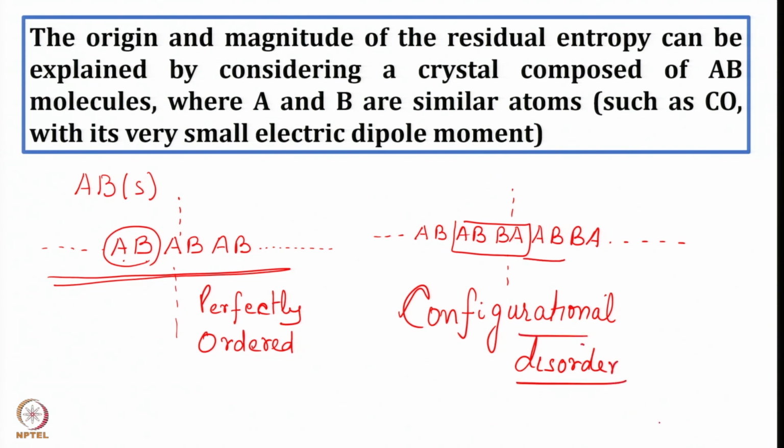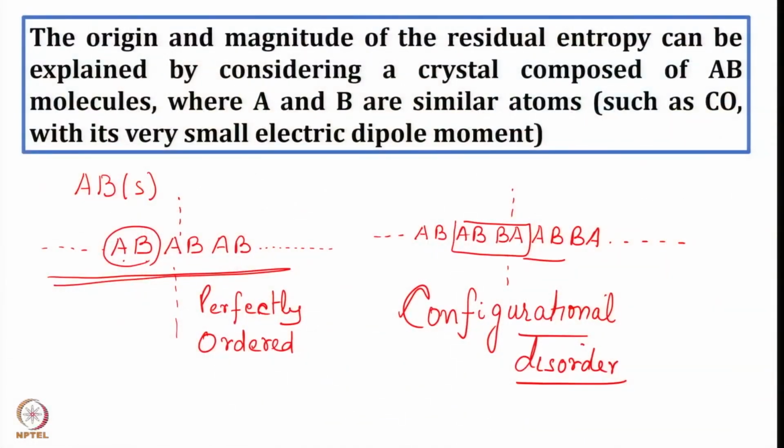Why this configurational disorder arises is that AB has negligible dipole moment. That means whether in the crystal you have AB, AB, AB, AB, AB kind of arrangement, or you have AB, AB, AB, AB, and one or two molecules or several molecules adopt BA kind of orientation, the minimum energy of the crystal remains the same. It does not change.